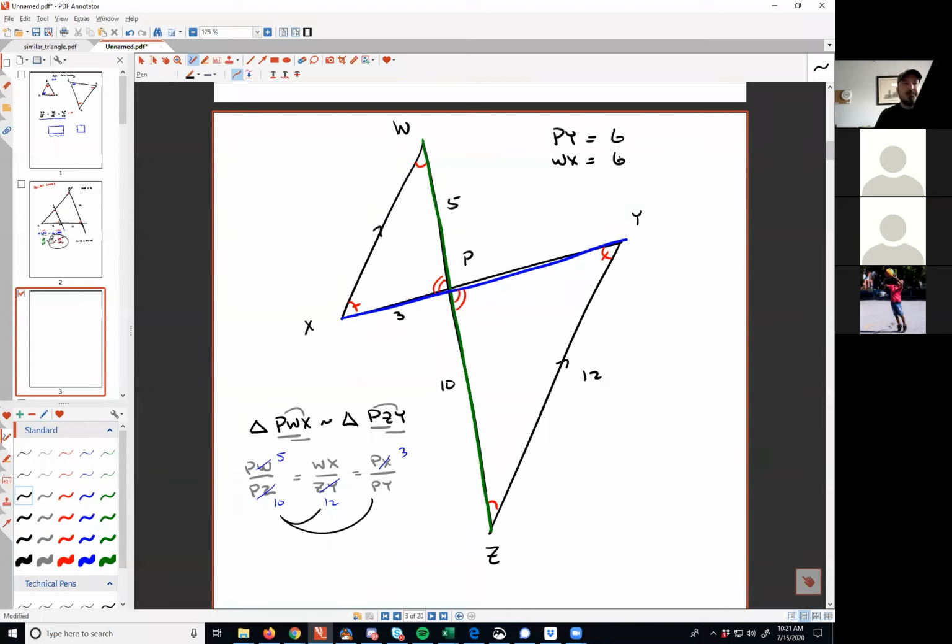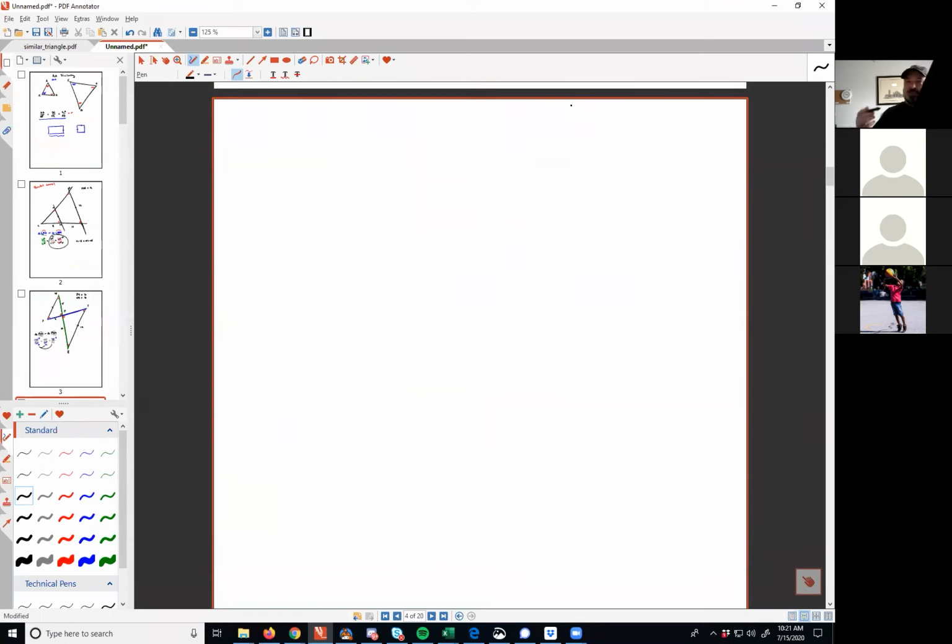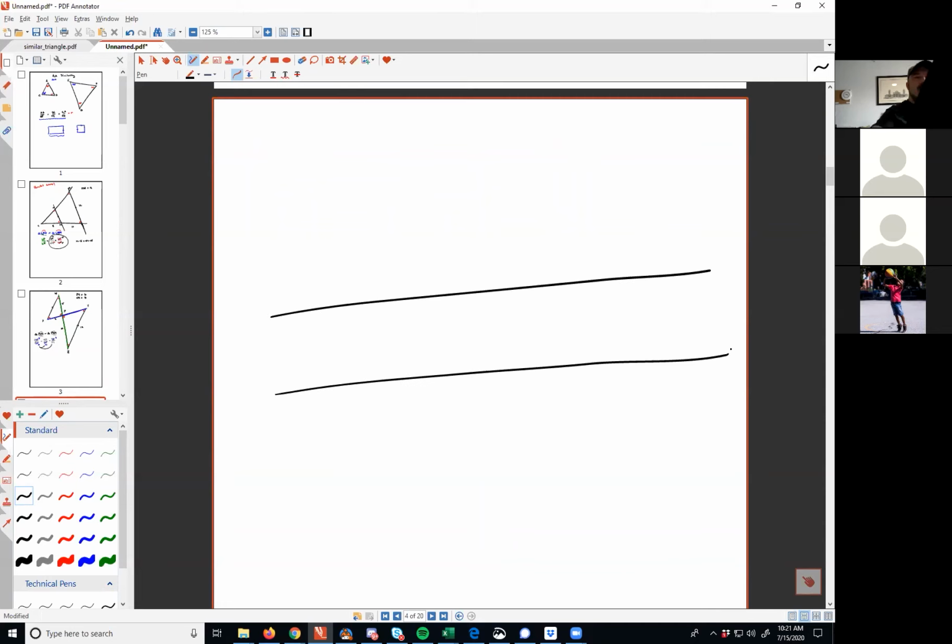So now that we've gone through these first two problems, I want to point something out. These problems both were about parallel lines. I'm going to draw a pair of parallel lines here. Lots and lots of similarity revolves around parallel lines. One of these situations was, hey, we have two crisscrossing transversals that meet outside of the pair of parallel lines.